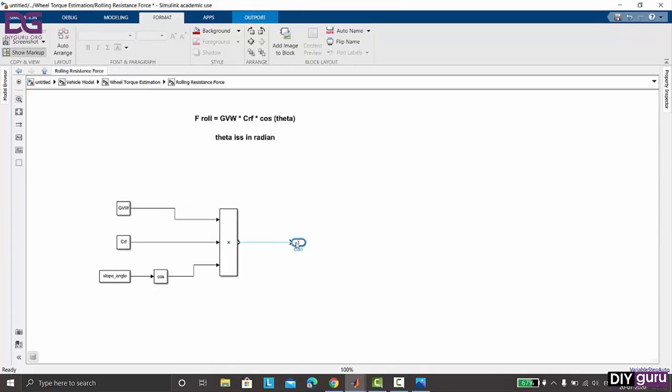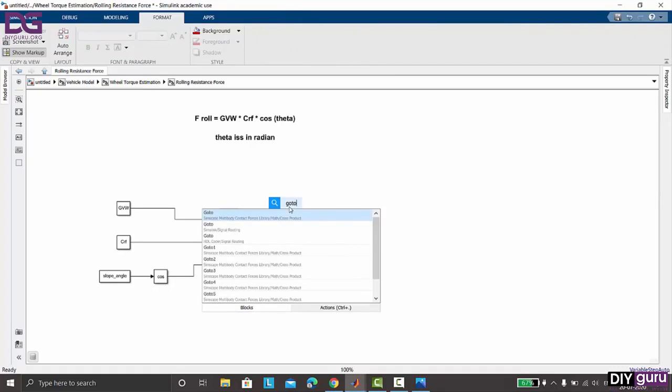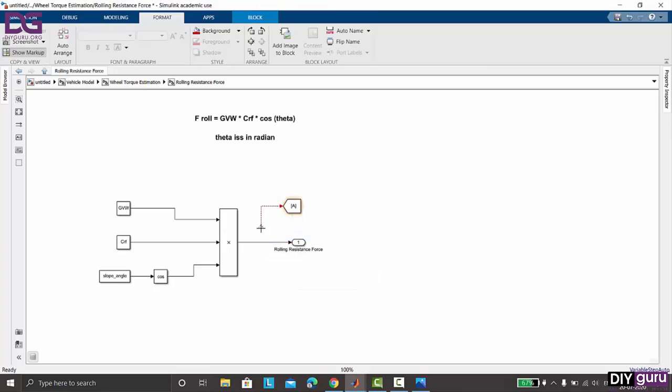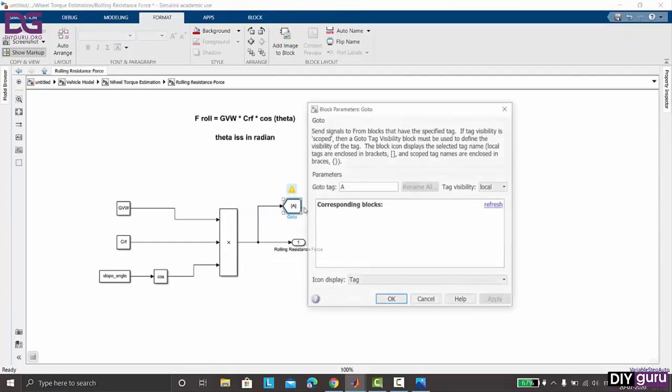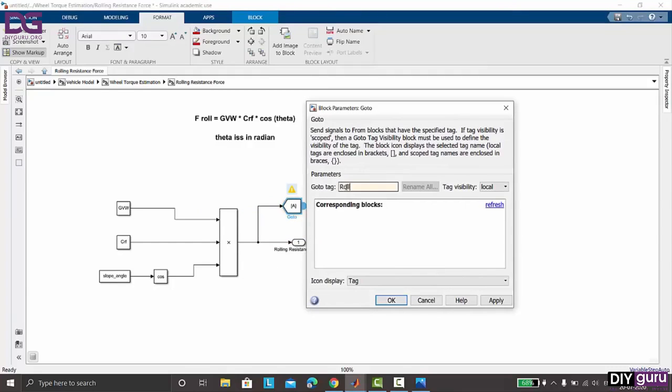And just connect them, and here we will obtain our rolling resistance force. Here we will give one more go-to block to visualize the result at last. Name it rolling resistance and give tag visibility as global and apply, OK.